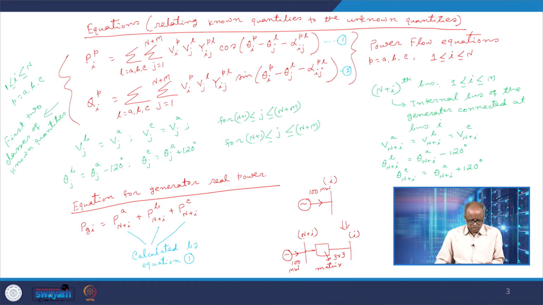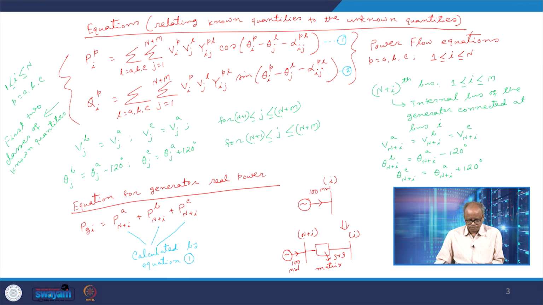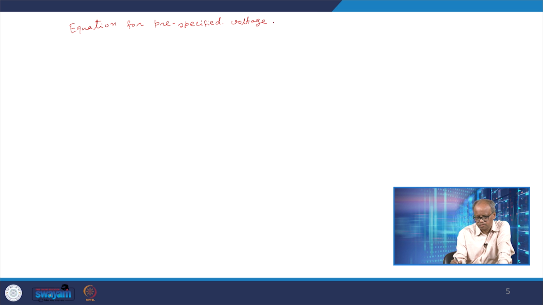The last one remaining is the equation for pre-specified voltage magnitude. This equation is very simple actually. What are these voltage magnitudes?